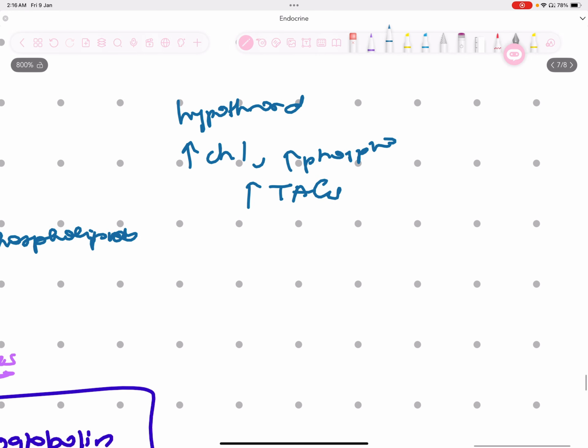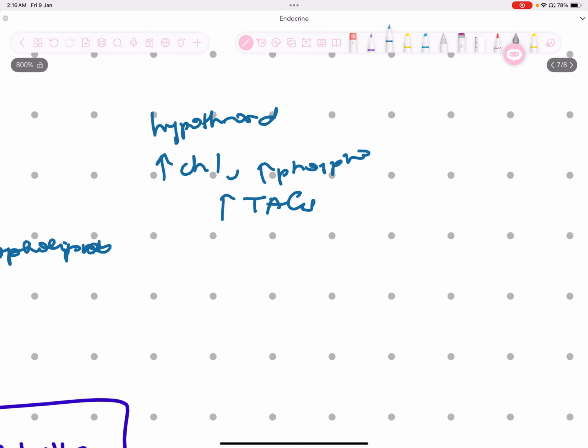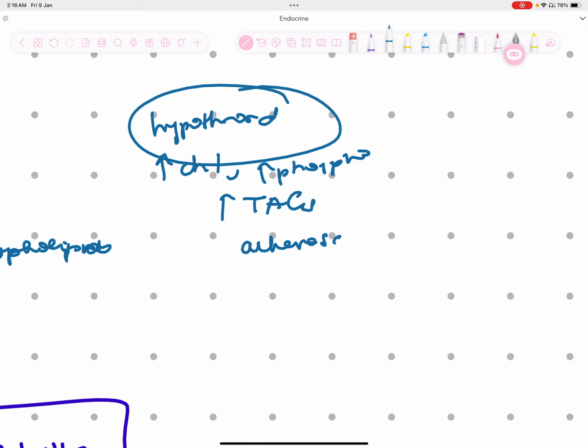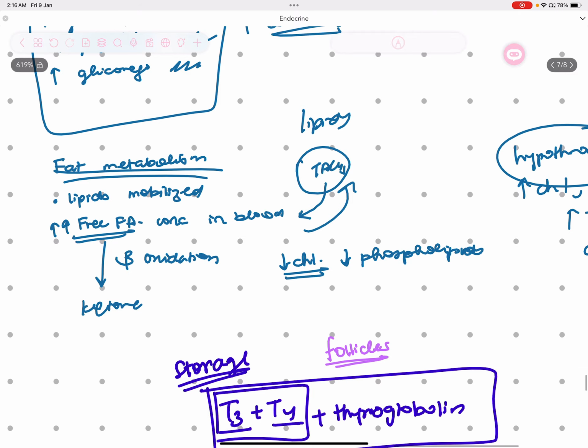When there are so many TAGs and so much cholesterol and phospholipid, there'll be excessive deposition of fat in the liver, as well as increased circulation of plasma cholesterol. So in prolonged hypothyroidism, there'll be chances to develop atherosclerosis because there'll be a lot of cholesterol.